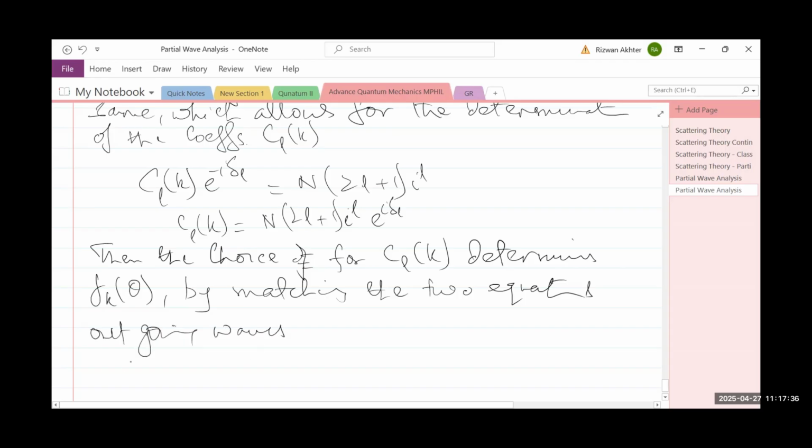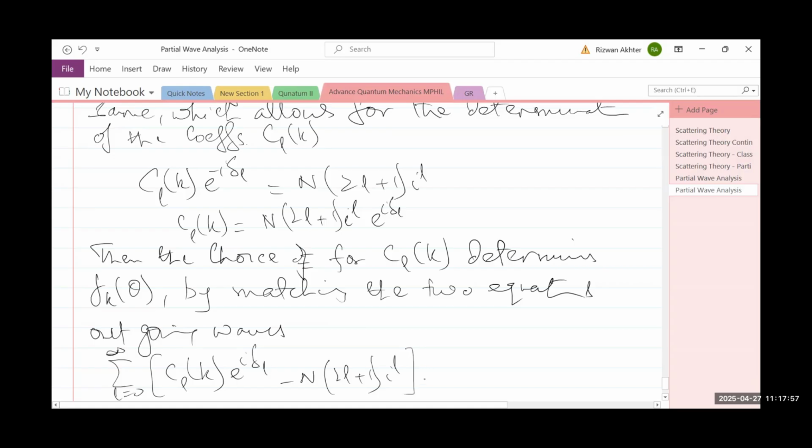These are outgoing waves. Summation over L going from 0 to infinity, yeah. And we have this [C_L(k) e^{iδ_L} − n(2L+1) i^L] P_L(cos θ), and e^{i(kr − Lπ/2)}.